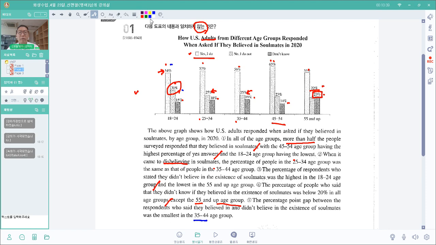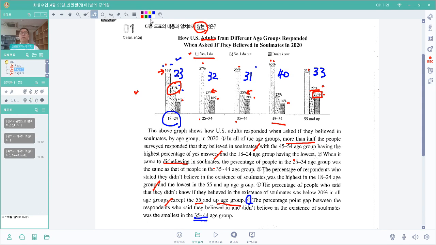But here we have a gap between this one and this one is 23, and here is 32, and we have 31, and we have 40, and we have 33. So here it says that the gap is the smallest in 35 to 40 age group, but here this group is smaller. So the non-correct answer is number 5.